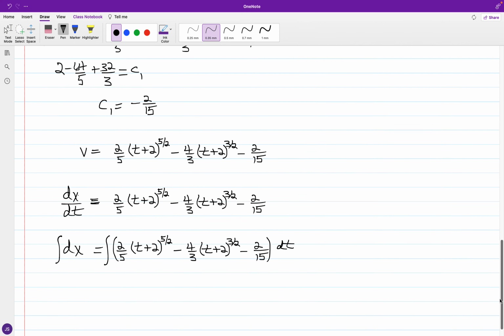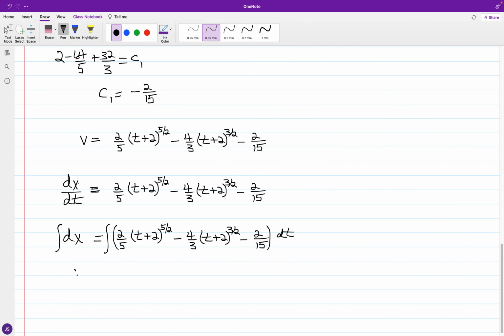And looking at the antiderivatives, we have x from dx, and for t plus 2 to the 5 halves, you get 2/7 of this expression to the 7 halves, multiplied by 2/5.